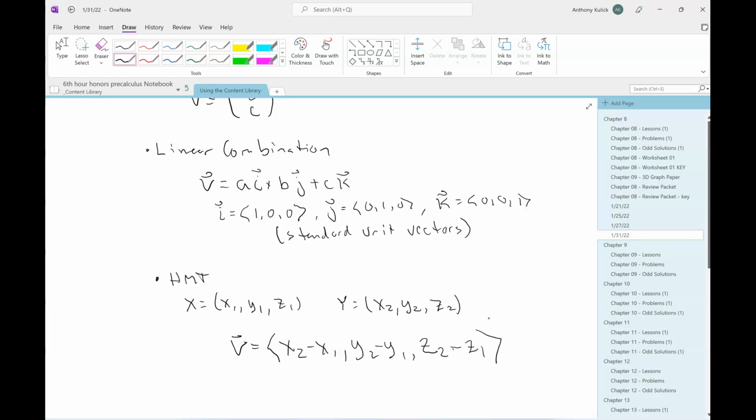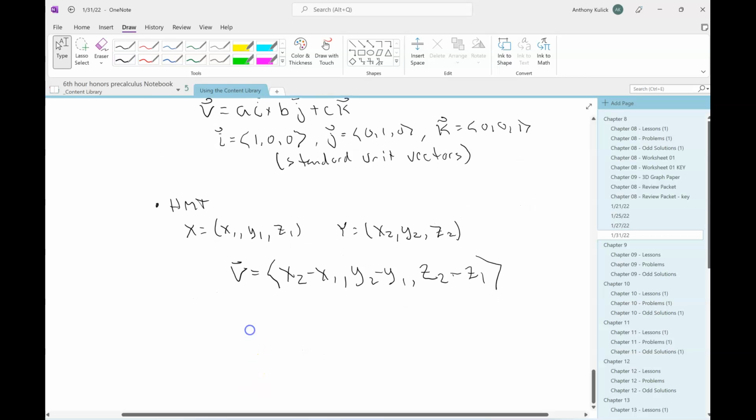Head minus tail, head minus tail, head minus tail. So far, everything looks pretty nice, right? None of this seems unusual. Everything's kind of working the way we'd expect it to.